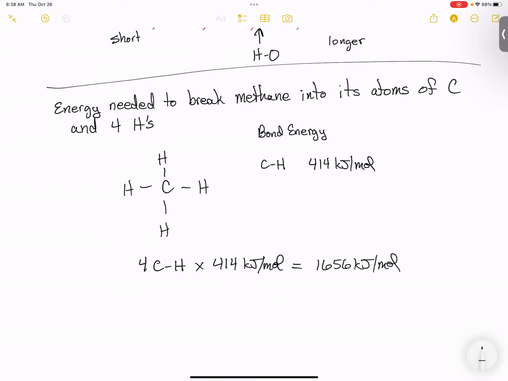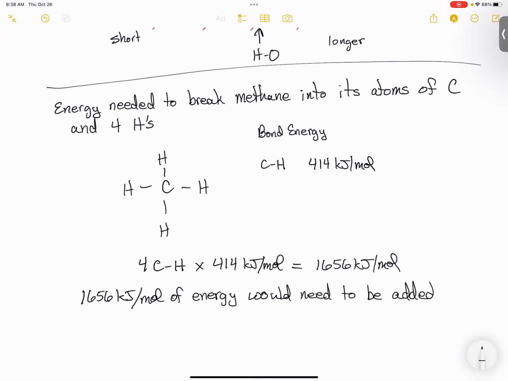So 1,656 kilojoules per mole of energy would need to be added to break methane into its atoms of carbon and hydrogen.